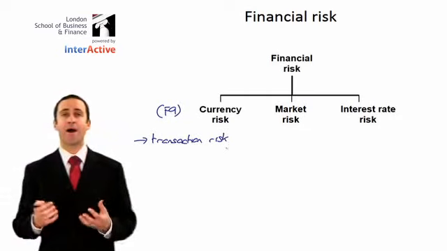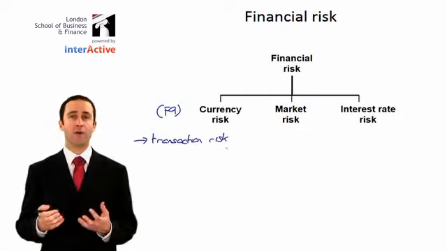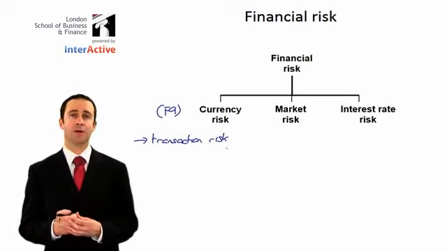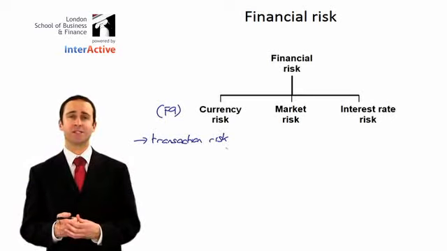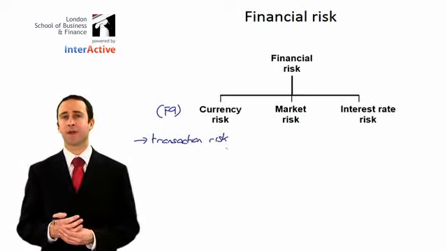So if you're buying or selling goods in a foreign currency on credit, what may happen is you sell your goods to a customer and expect to receive an overseas currency in, say, 3 months' time.